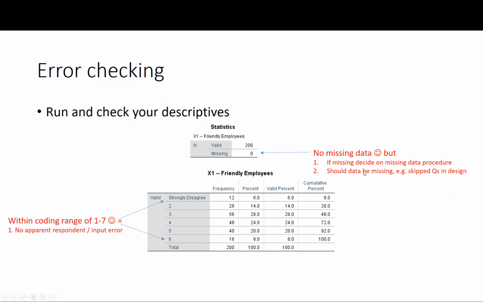The other thing to look at in terms of missing data is, should there actually be missing responses here? If you have a skipped question or skip question logic within your survey design, as in if someone answers yes to a question, they might be skipped three questions ahead, meaning that there's three questions that yes respondents should be missing for.